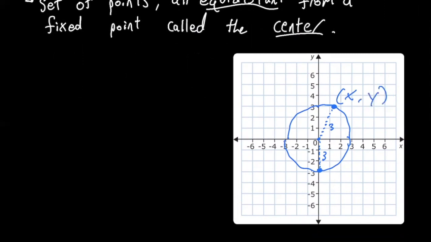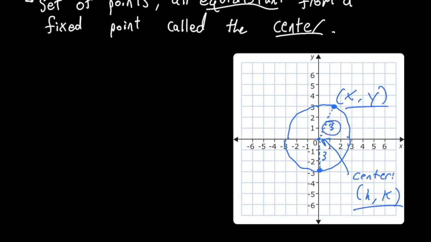So any point on the circle xy, and then let's call the point in the center h comma k. So we have our center point, and then we have the coordinates xy for a point on our circle.